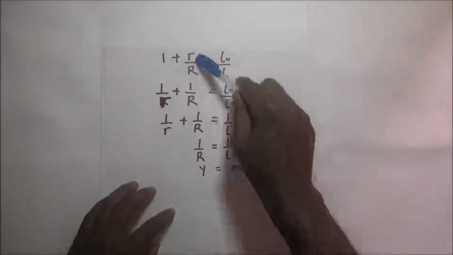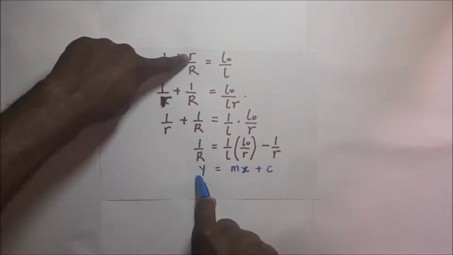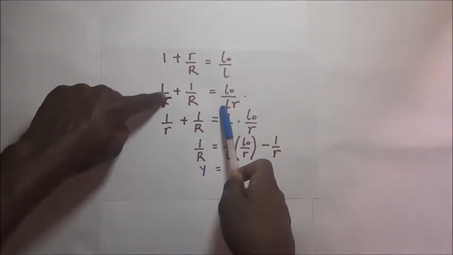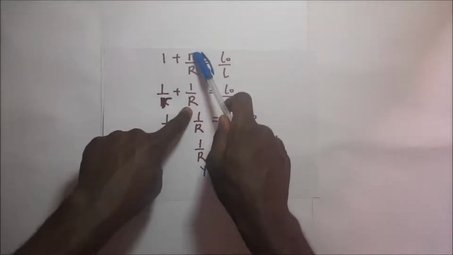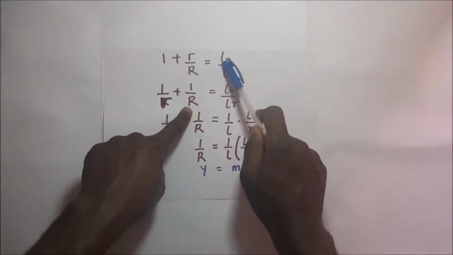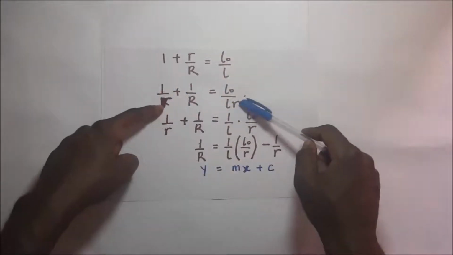So we divide through by small r. When we divide through by small r, this becomes 1 over r, like here, is equal to, of course, the r's will cancel, L naught over LR. That explains our next step.